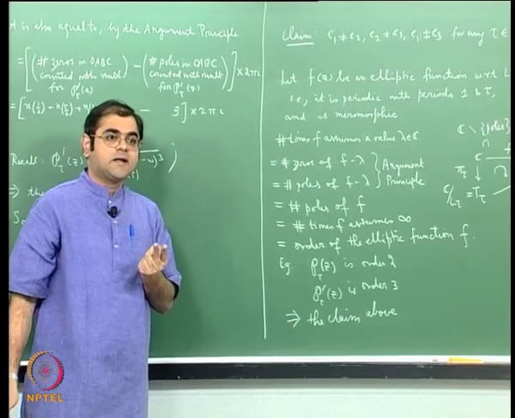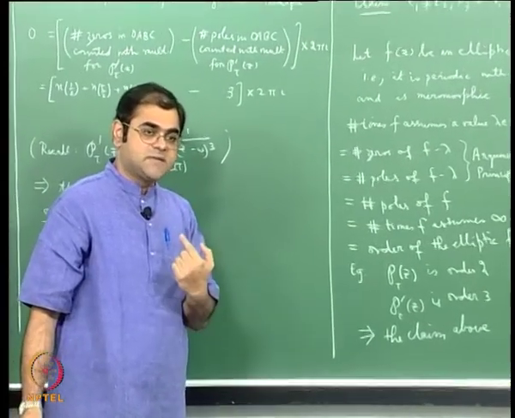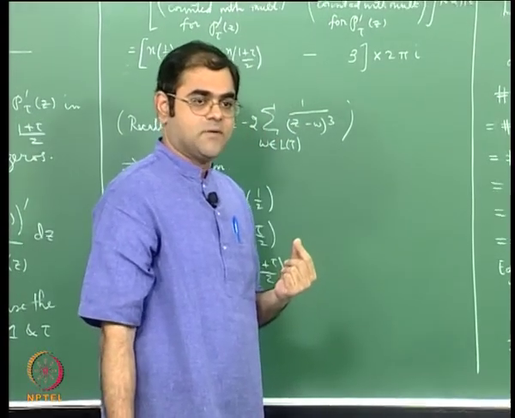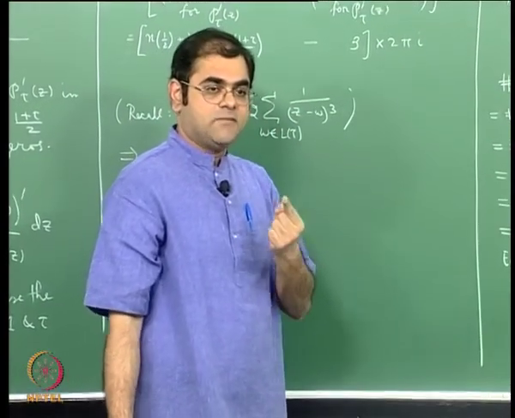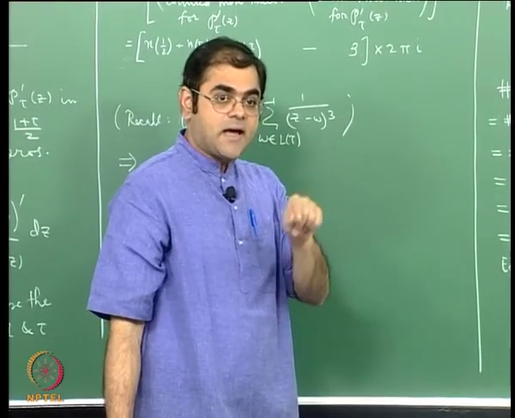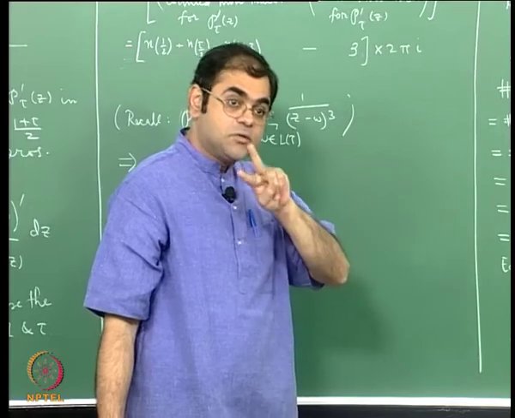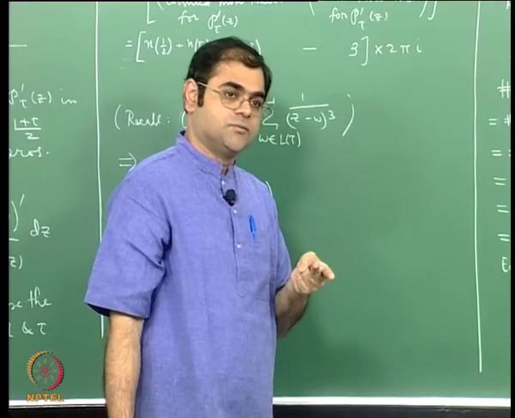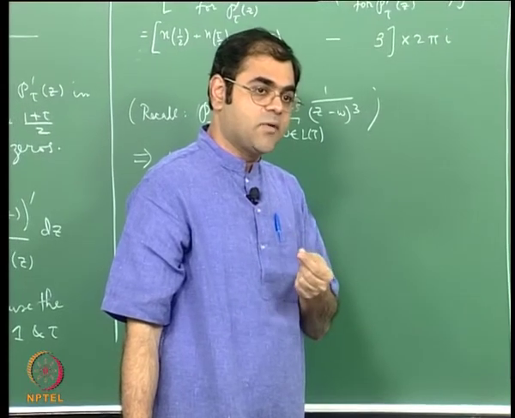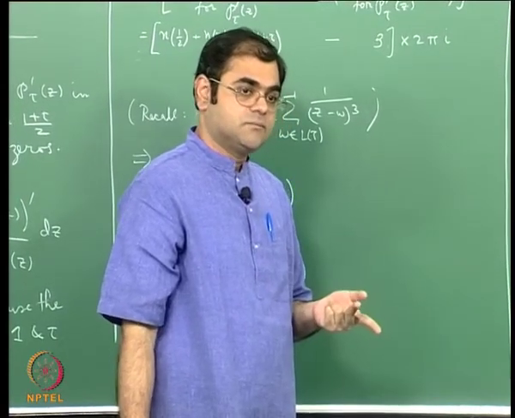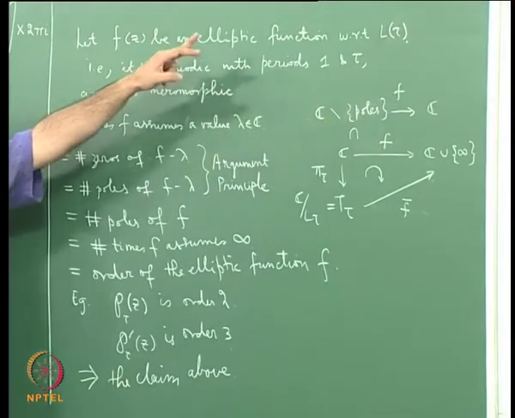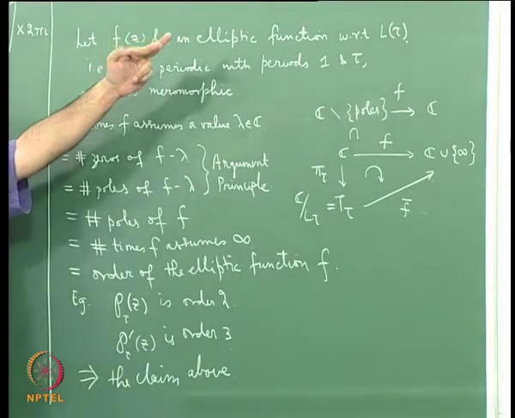It will assume each value twice, it cannot assume a value 4 times, and it assumes each value at a given point with multiplicity 2. So that is the reason why the Ei's are all distinct.